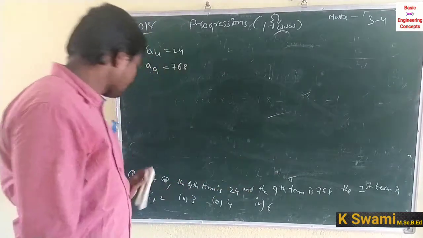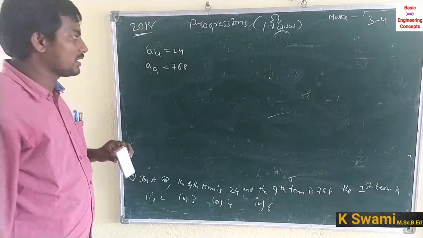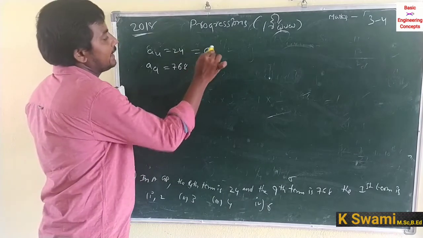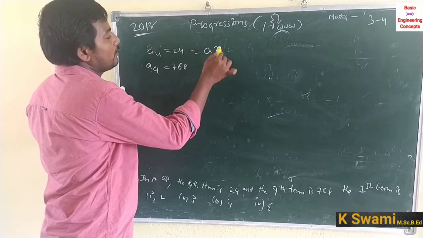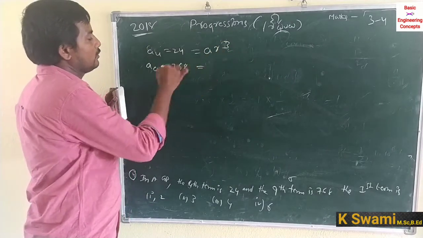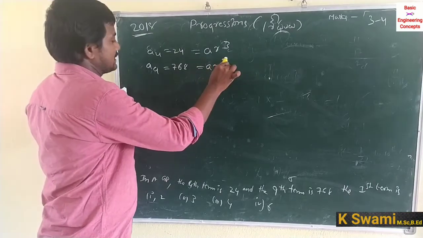The first term అయితే ఫస్ట్ టర్మ్ ఫైండ్ అవుట్ చేయమన్నాడు. We know that the 4th term means a into r power 3, and the 9th term means a into r power 8.